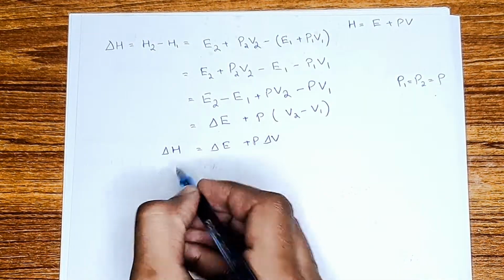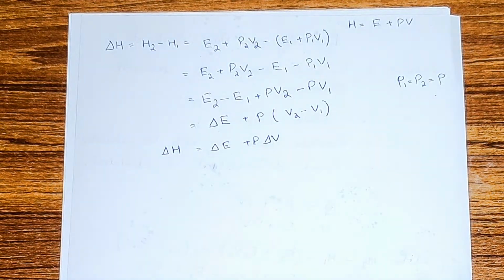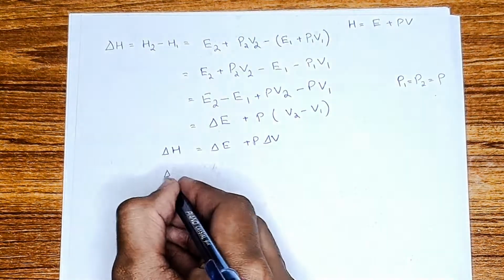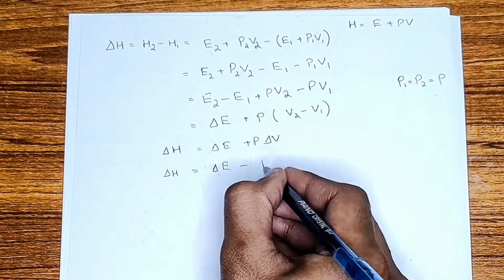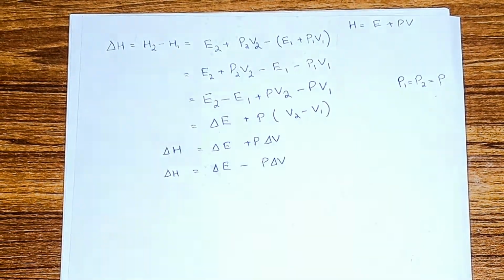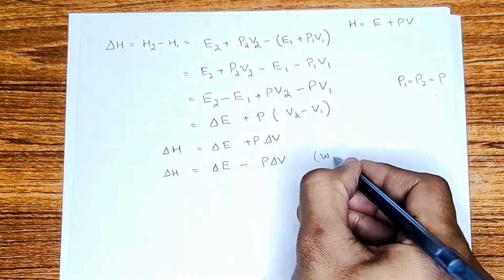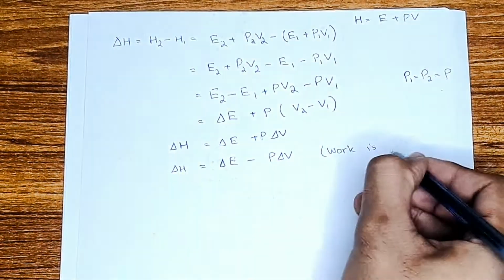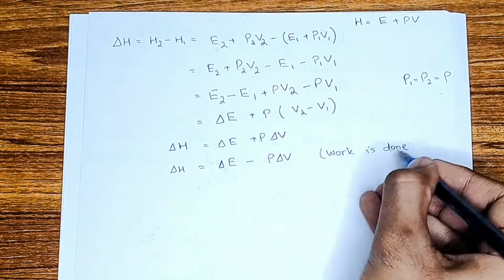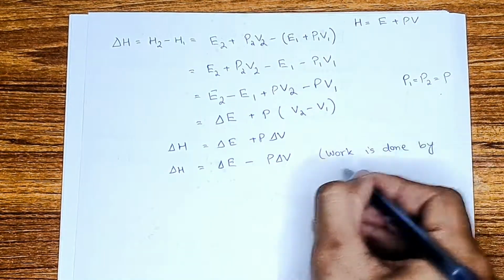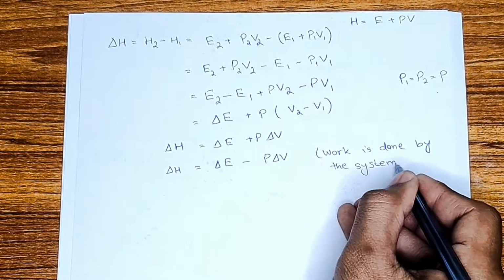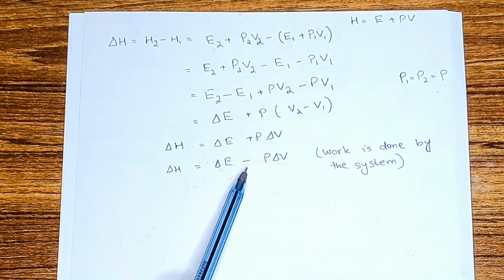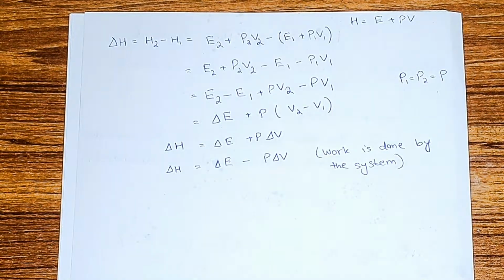So what happens if the work is done by the system? In that case, we will take the equation to be equal to delta E minus P delta V. That is the case in which the work is done by the system. Because as you know, when the work is done by the system, you just have to reverse the sign. You just have to take the negative value of the work done.